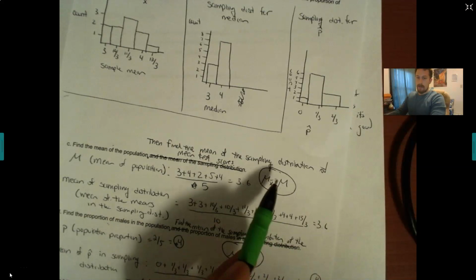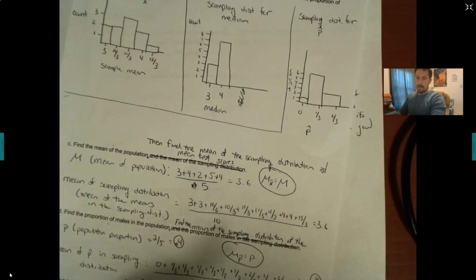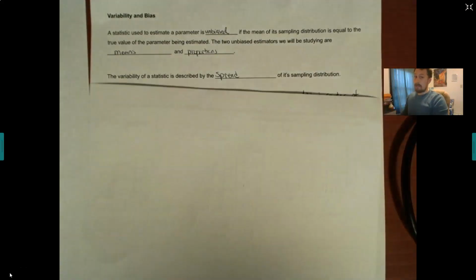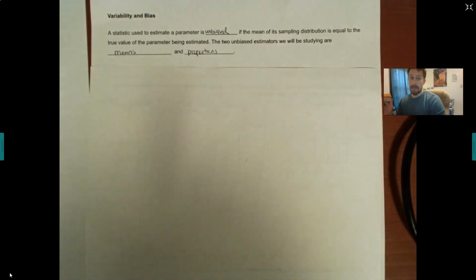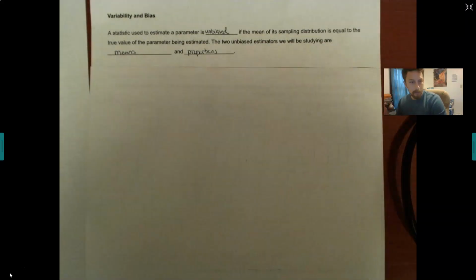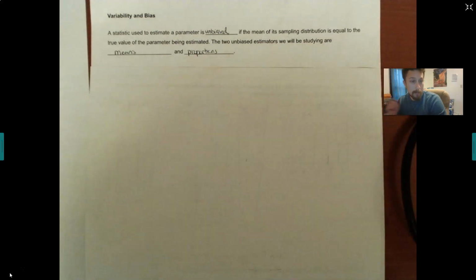Means and proportions. The median is a biased estimator, not unbiased. All right? So unbiased means the statistic is doing a good job at modeling the population or the parameter. Bias means it's not doing a good job.